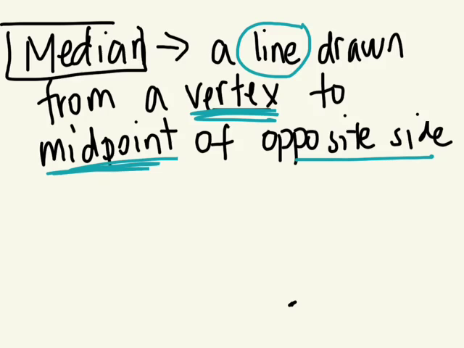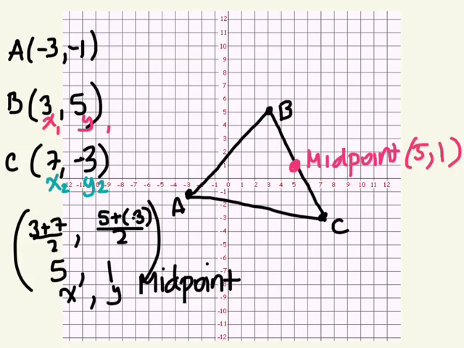So we just did the first step. So look back to this triangle here. The question says find the median from vertex A. Here's vertex A. It's a line drawn from the vertex to the midpoint of the opposite side. I need to know what this median is. The median is a line.